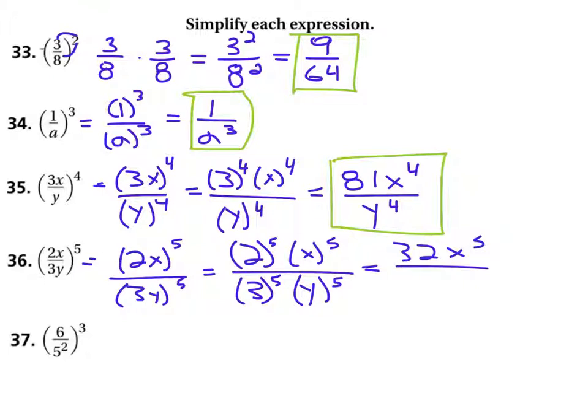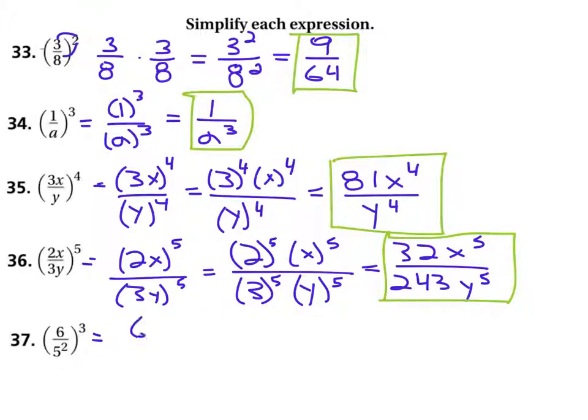X to the fifth is x to the fifth. 3 to the fifth is 243. And y to the fifth is y to the fifth. How did I know that it was 243? Experience, my friends. I've done that math problem so many times. The more comfortable you get with these numbers, the more you'll just be able to do them, because you've seen it and done it all before.